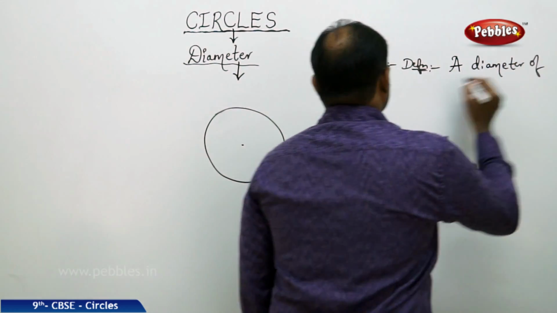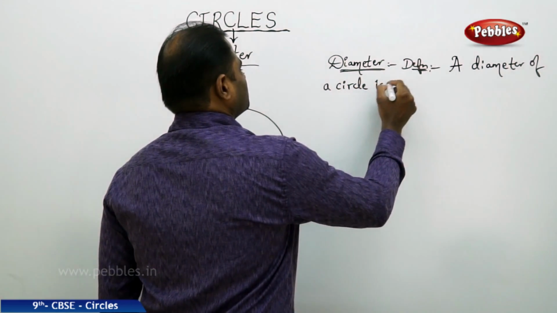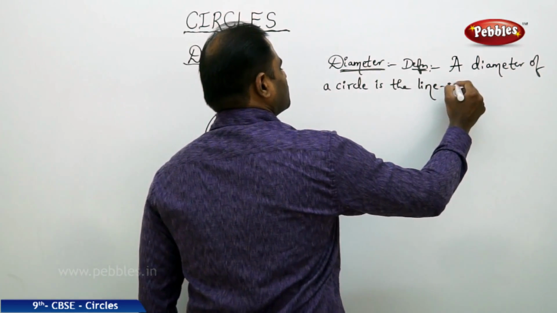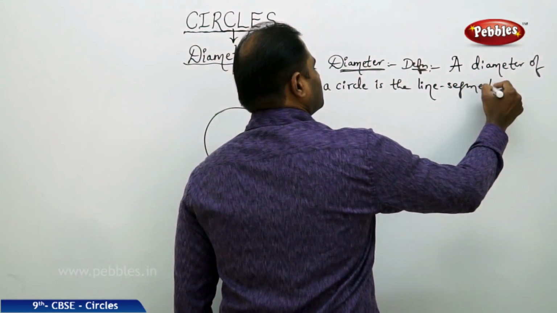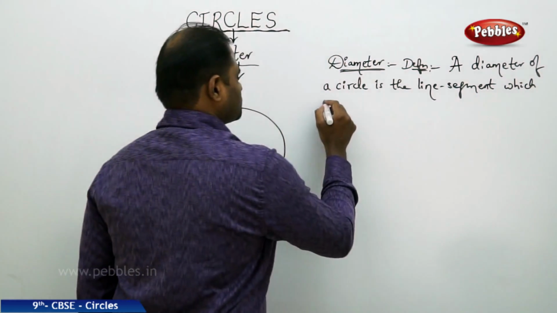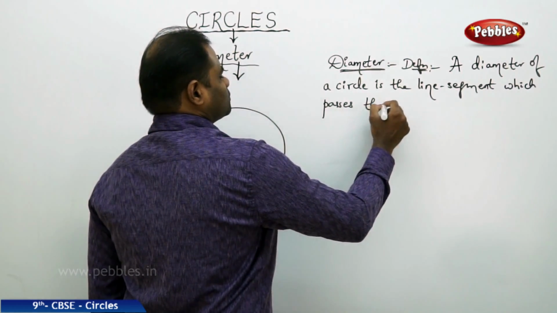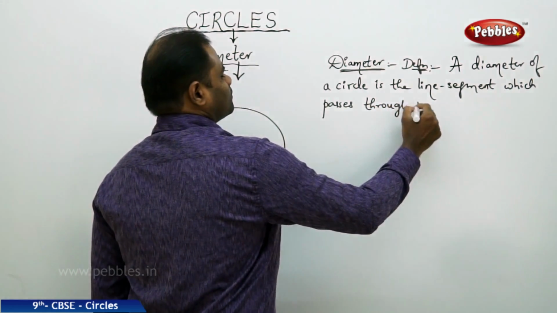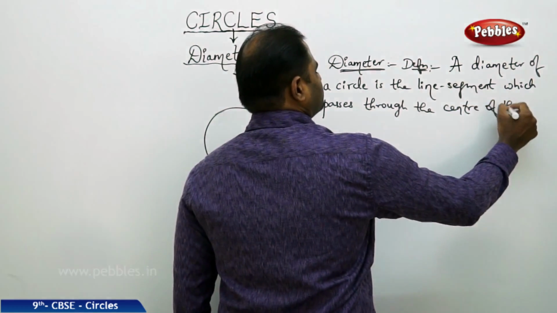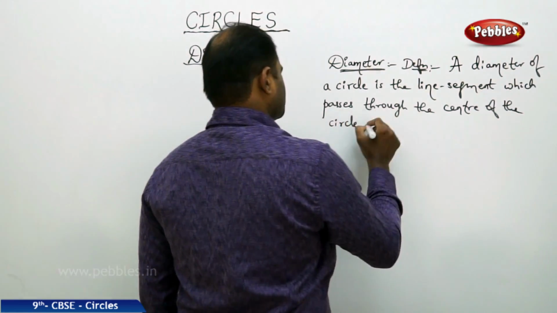A diameter of a circle is the line segment which passes through the center of the circle.